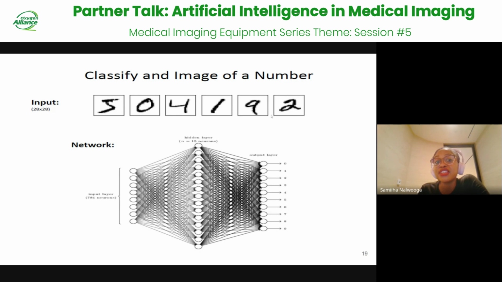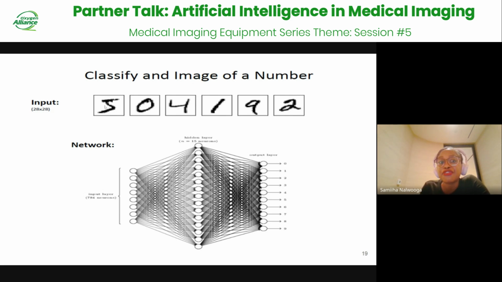When I feed these images into the input layer of the neural network, they will be propagated into the hidden layer, then finally into the output layer. The task of image classification is to ensure that each of these inputs is propagated through the hidden layers and taken to its rightful output.